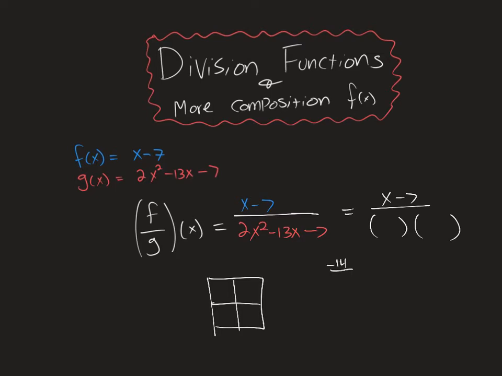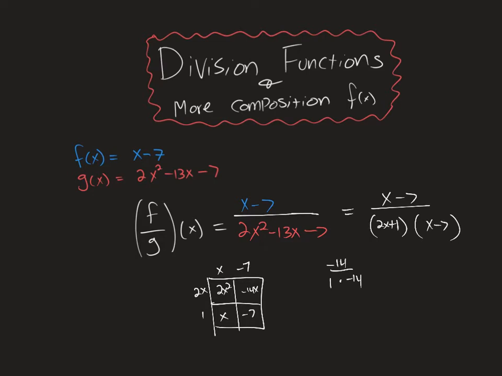Well, that is 1 times negative 14. So we've got 2x squared, so I'm just factoring here. I've got x and negative 14x. So we've got 2x and then negative 7, and that becomes 1. So our factored form is 2x plus 1 and x minus 7.